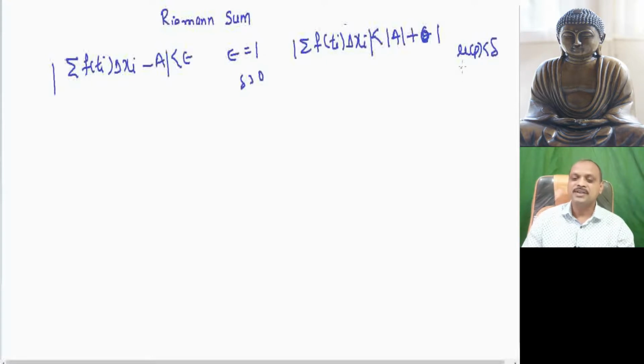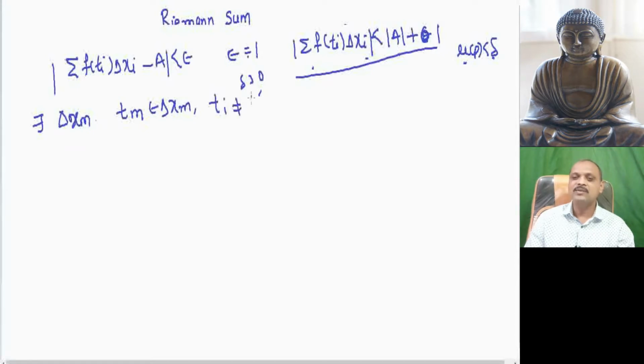Okay, by definition, for epsilon greater than 0 there exists delta greater than 0 such that for μ(P) less than delta, the modulus of the summation of f(ti) Δxi is less than mod A plus epsilon. Okay, we can write this. If possibly the function is not bounded, then there exists some interval Δxm such that we can choose a point from this interval Δxm, different from all the other points ti, where i is not equal to m.